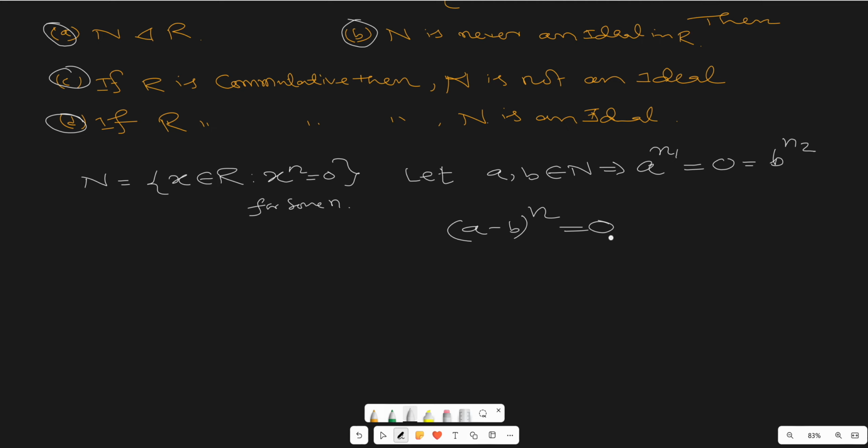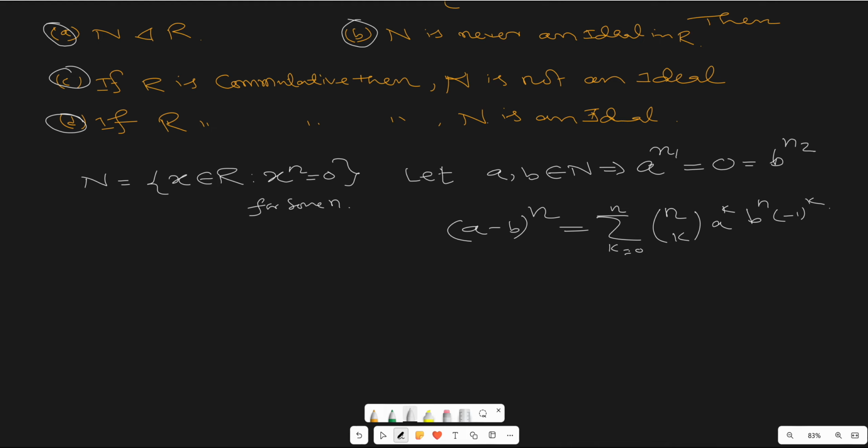This is actually a summation: n choose k, a to the power k, b to the power n minus k, into minus 1 to the power k, where k is from 0 to n. This is the binomial expansion of a minus b to the power n. That's it, right? You know.